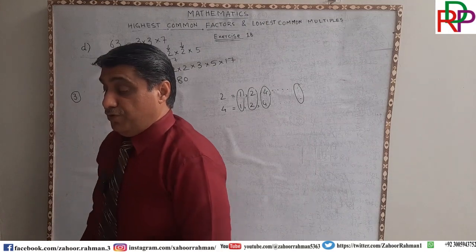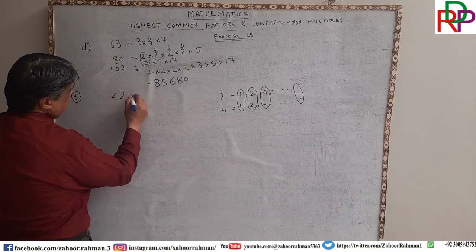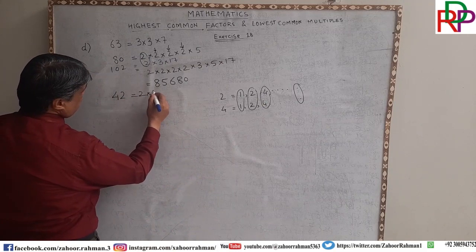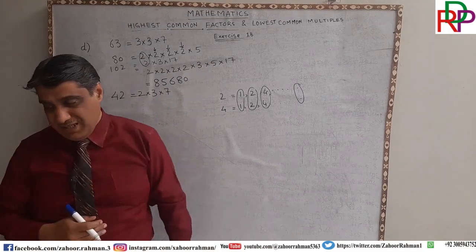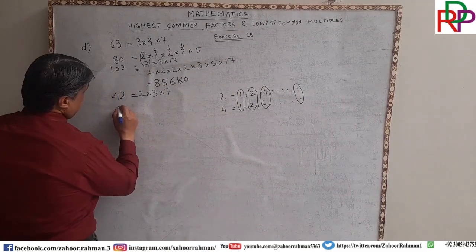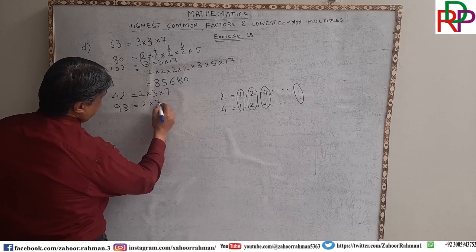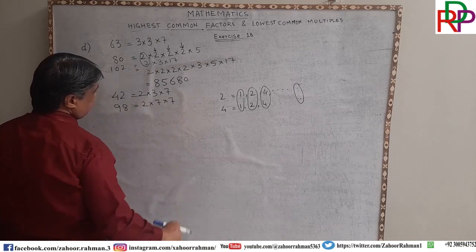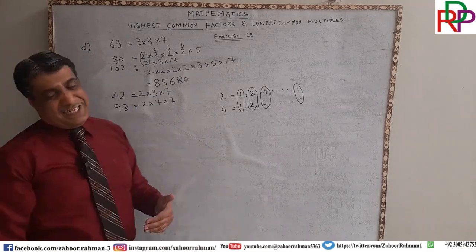So the prime factors of 42 are 2 into 3 into 7. What is the second number? That is 98. So 98 is equal to 2 into 7 into 7. These are the factors.